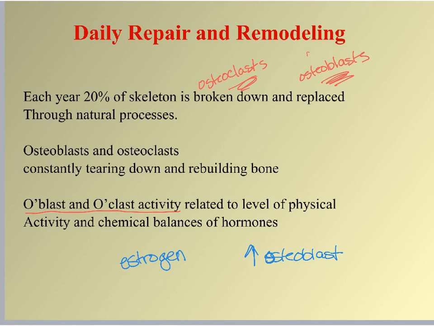So as you're aging as a teen, and estrogen starts to increase because you're a teenager, and that's what hormones do, they increase. That increases osteoblast activity, and so you often see growth spurts. You see teens grow a significant amount between perhaps the age of 12 and 18, and that's as a result of the balance of hormones. Okay, primarily estrogen in that case. We'll talk more about it with regards to aging in the next lecture.